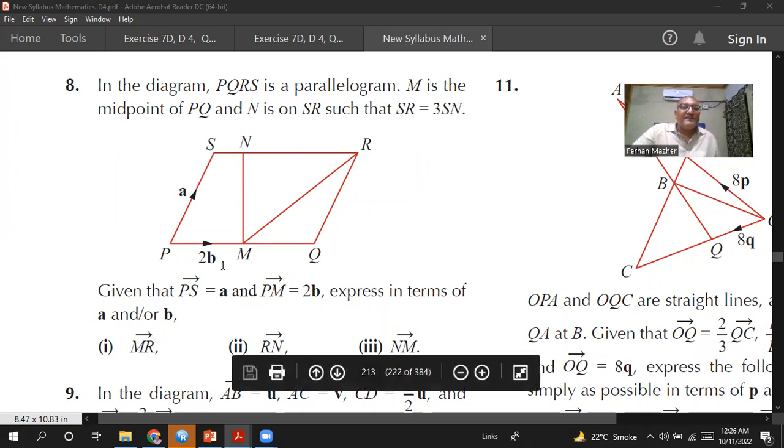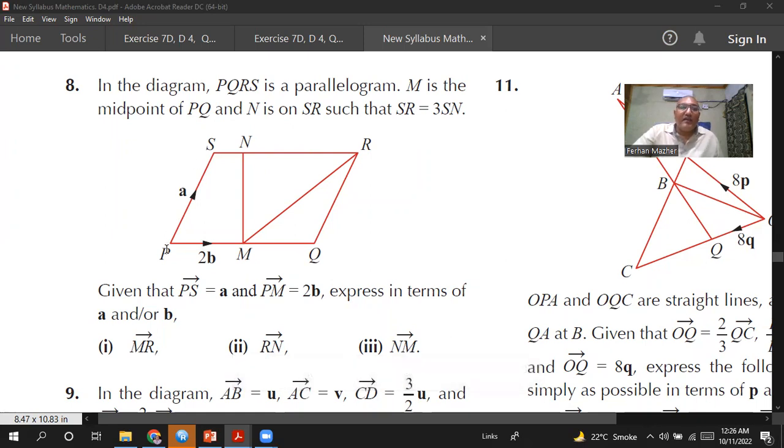Given that the PS is equals to A, the PS is represented with the vector A, and the P to M is represented with the vector 2B. So this whole thing will be 4B. This S to R will be also 4B. Q to R will be A. Okay, because this is a parallelogram, the opposite sides are equal and parallel, so they have the same vectors.